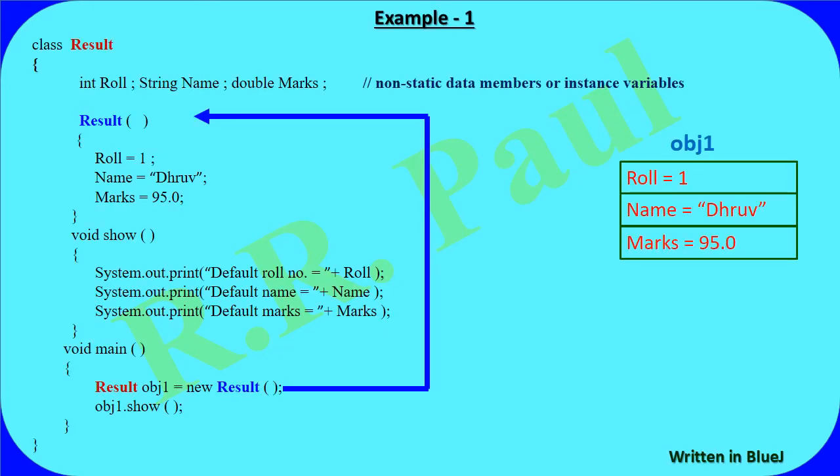Here's a simple example to demonstrate the use of constructor. The name of the class is result, written in brown color. The name of the constructor is also result, written in blue color. And as you can see, no return data type is mentioned in the prototype of the constructor. It's just mentioned result. No void result, no int result, nothing, only result.